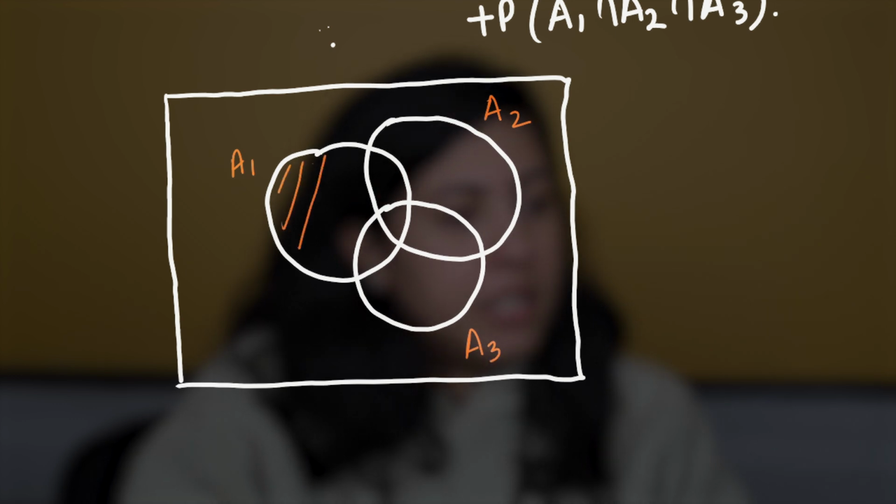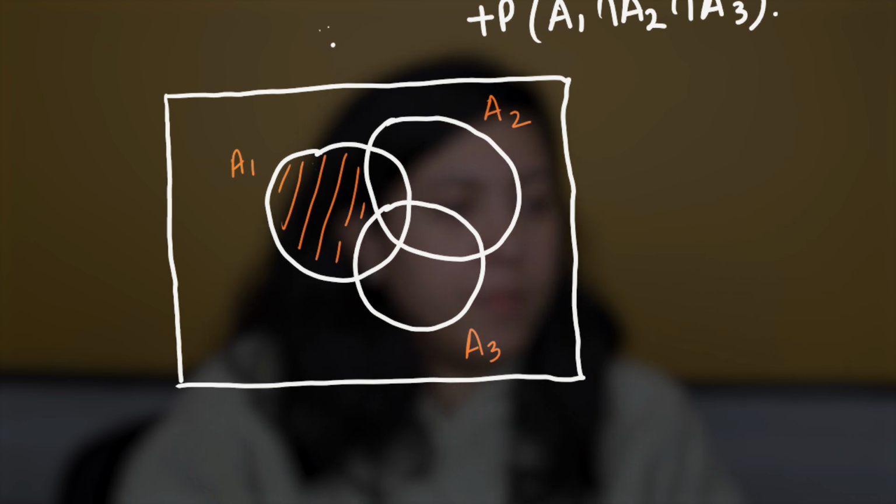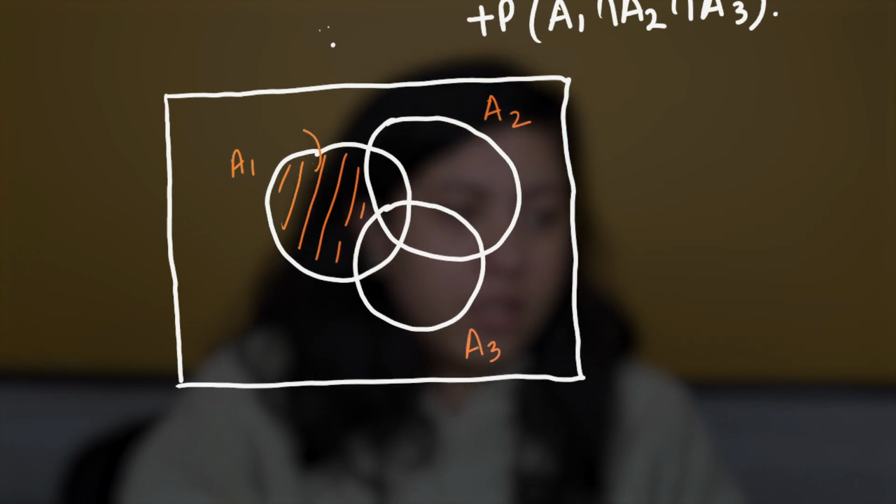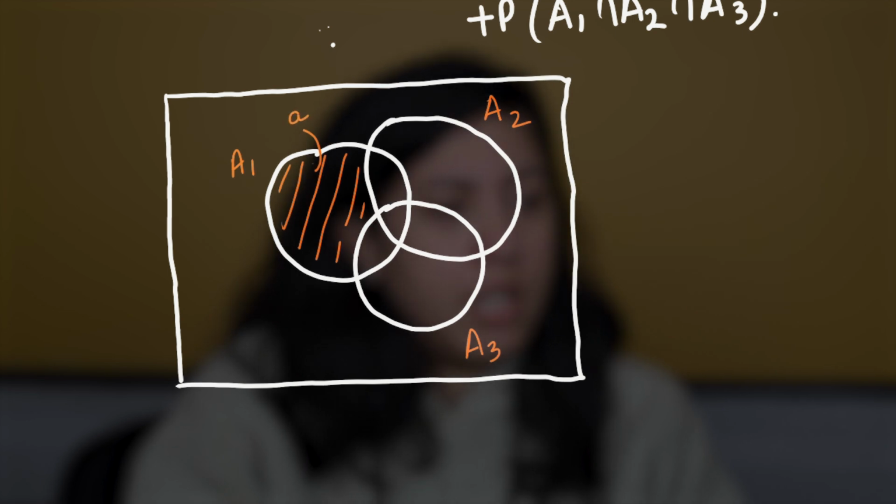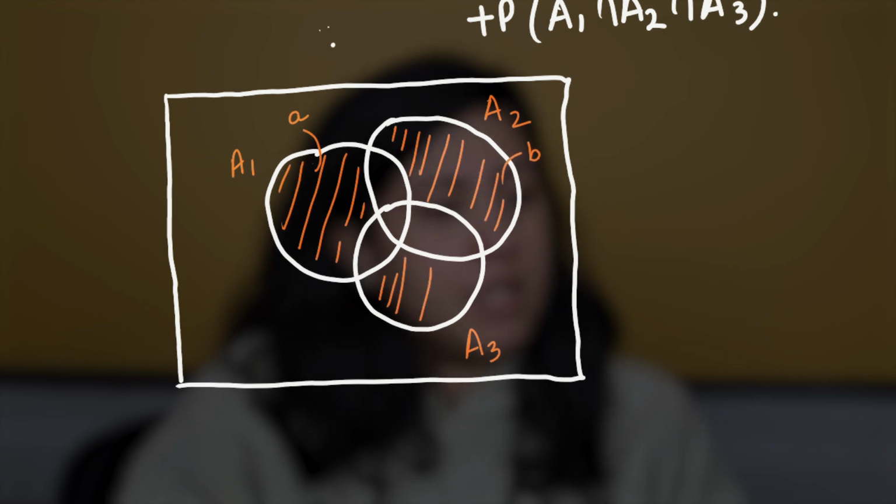This side that is not lying in the intersection of any of them is just A1, only A1. Let's name this region a. Let's name this region that includes just A2 and only A2 as b. Similarly, this is only A3 and the region is c.